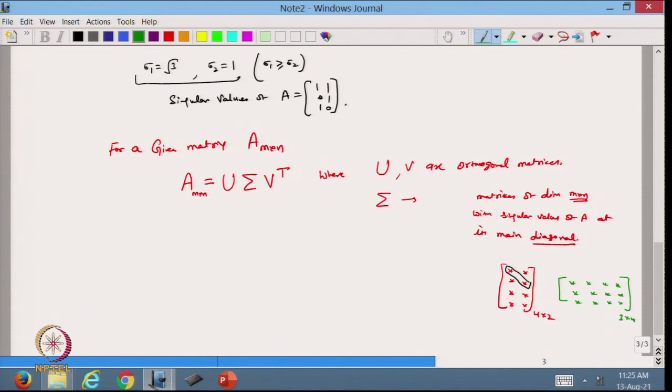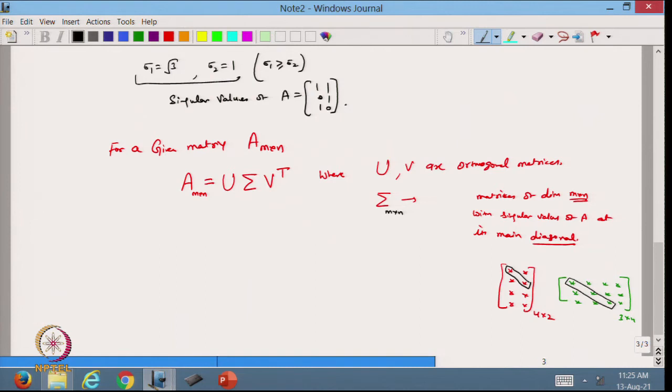It is 3 cross 4. So, the main diagonal will be this one. So, if we have sigma as the matrix of order M cross N and having the singular values as its main diagonal.